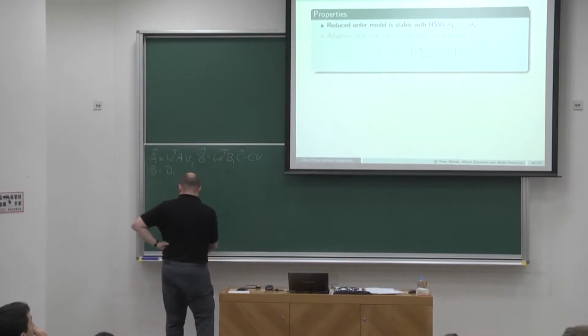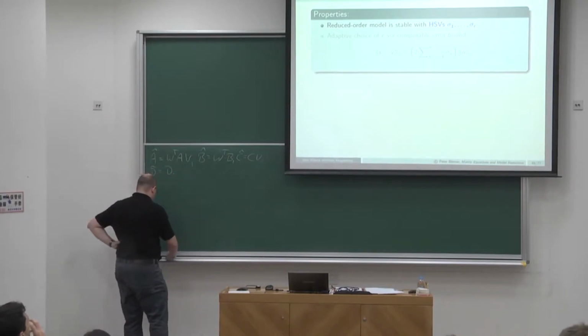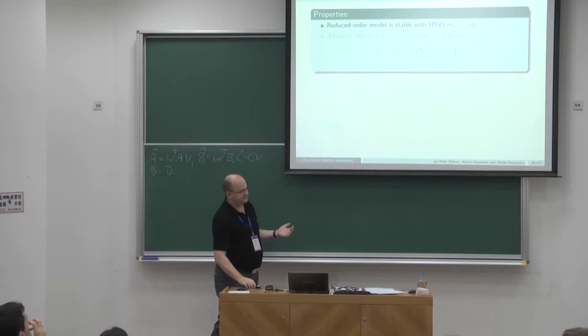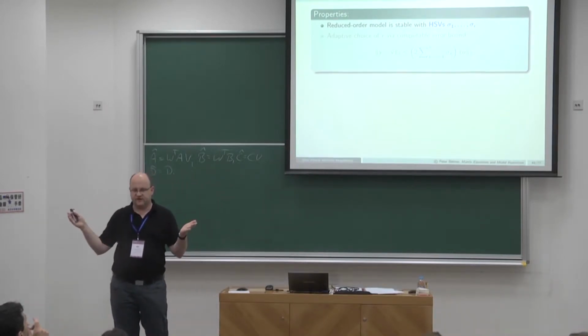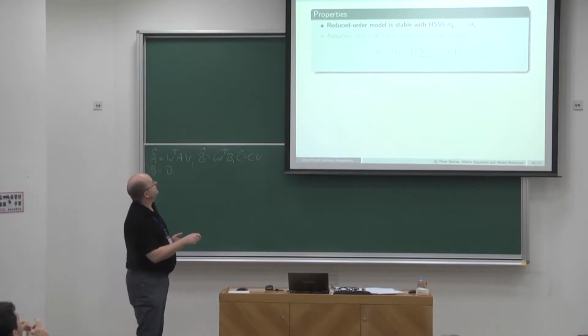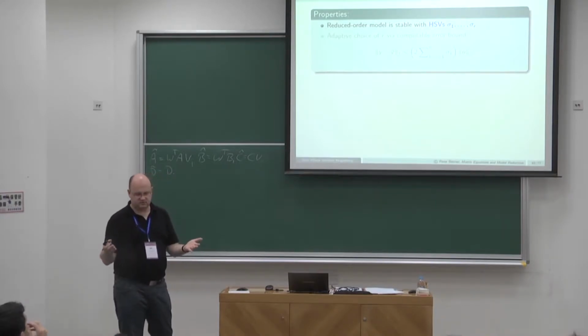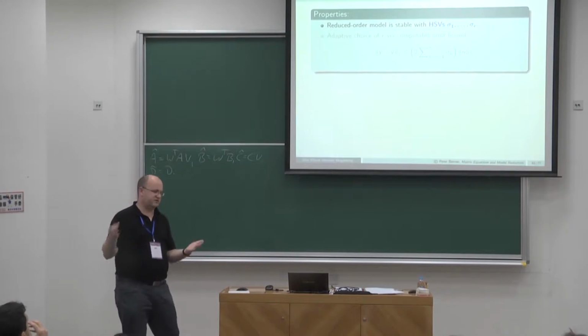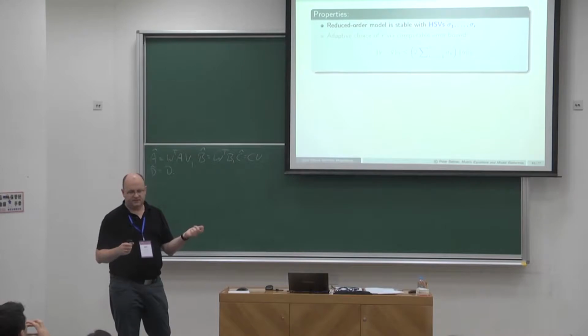This is just a consequence of the fact, well, I have it on the slides anyway later on, that in these balanced coordinates, the solutions of the Lyapunov equations become diagonal, and then you will see that the Lyapunov equation which describes your reduced order gramians is just A11 sigma 1 plus sigma 1 A11 transpose and so on.